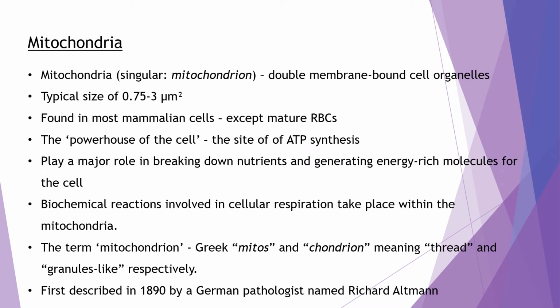Next, we have the mitochondria. Mitochondria in plural, or singularly called a mitochondrion, is a double membrane bound cell organelle, which is typically of a size ranging from 0.75 to 3 micrometers.